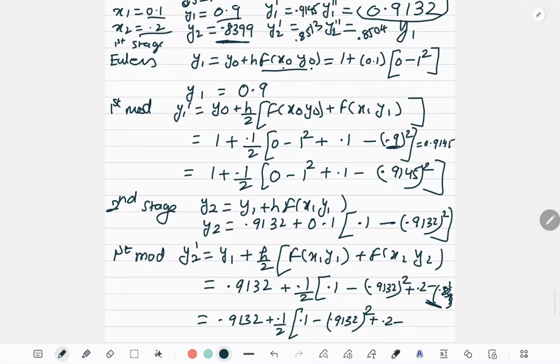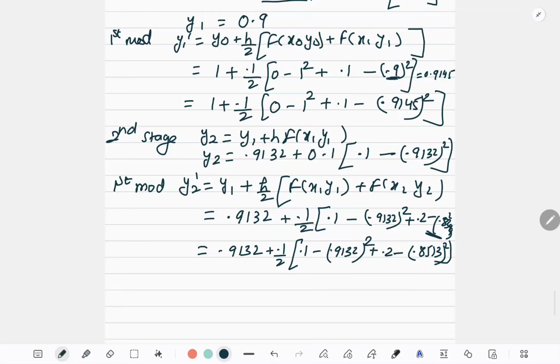Right? So what was the new value? 0.8513. So 0.8513 square. Correct? So this will give me the second modified value, which is 0.8504, which is my final answer. So I can write down answer at x is equal to 0.2, y is equal to 0.8504. Correct?